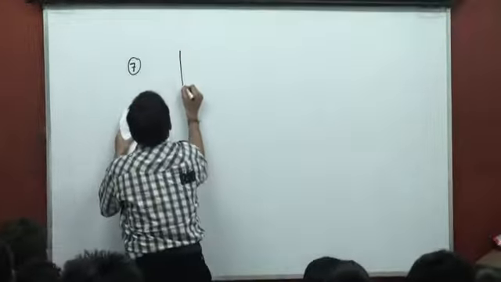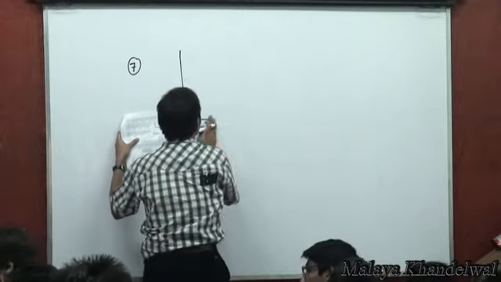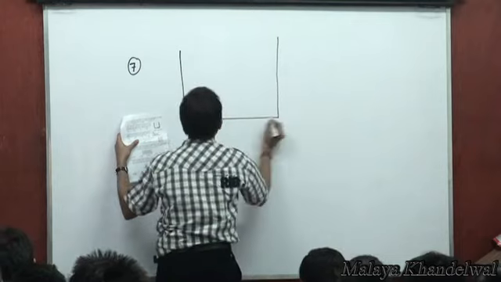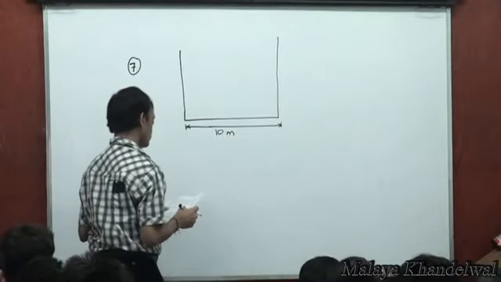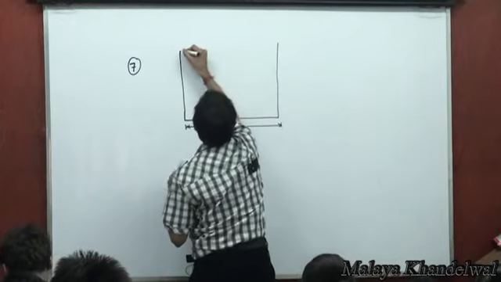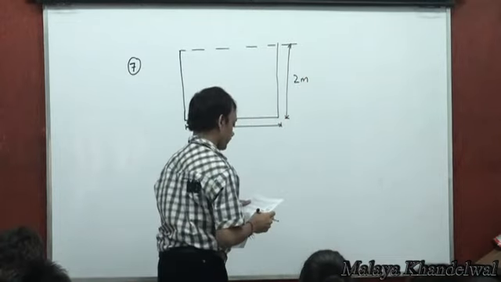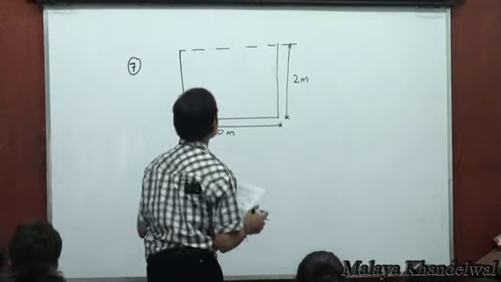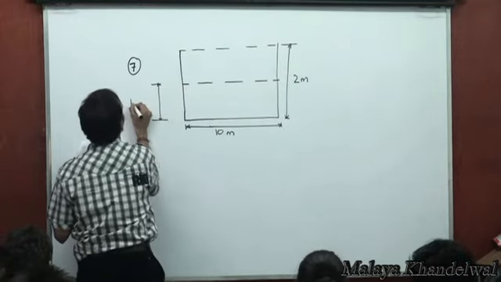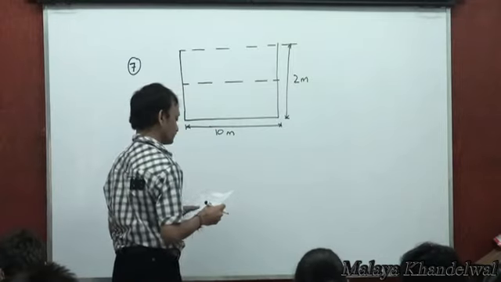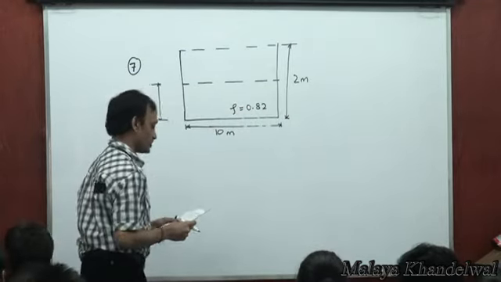An open tank 10 meters long and 2 meters deep is filled up to 1.5 meters of height with oil of specific gravity 0.82.